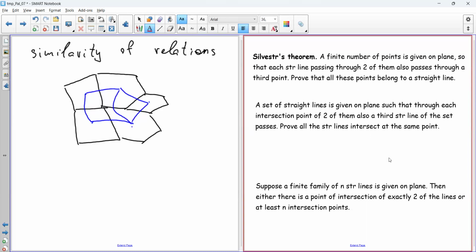Okay, so here, what you can read next is the dual formulation of the problem, which would be a result of substituting straight line by point, point by straight line, and preserving incidences. It turns out that there is a geometrical transformation, which we didn't have time to mention much.